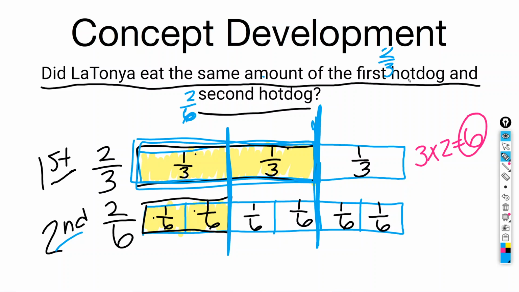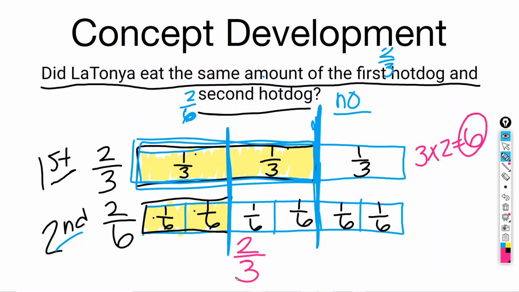So did she eat the same amount of the first hot dog and the second hot dog? The answer would be no, because we know that she ate more of this first hot dog than the second hot dog. So we're going to put that in a comparison sentence.